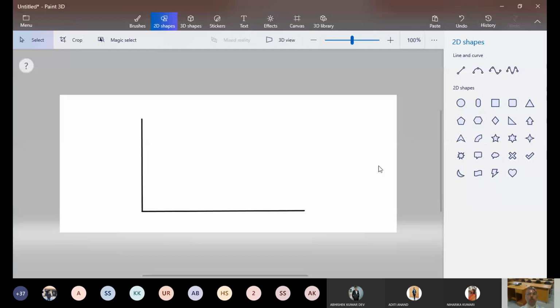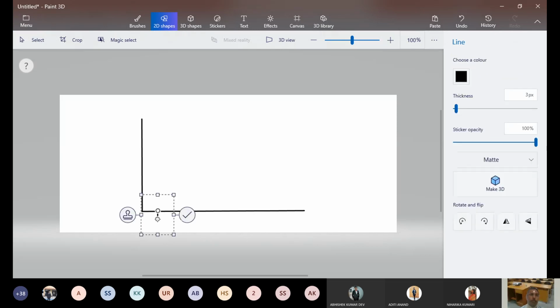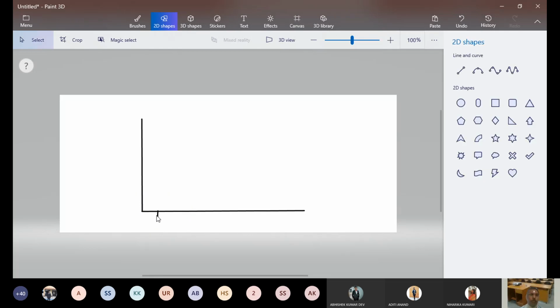Now, on the x-axis is the variable that we are measuring. So this is easy. We just divide it into equal parts.